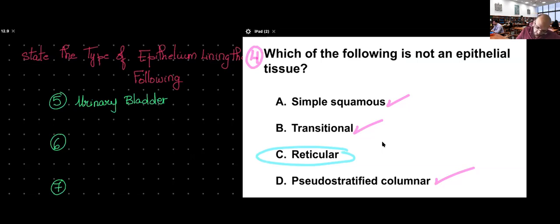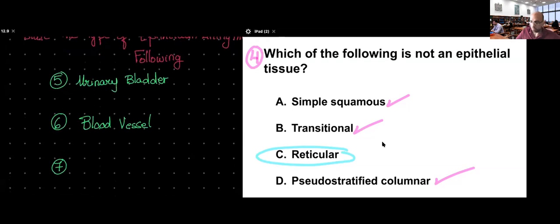Next is going to be blood vessel. Small intestine.